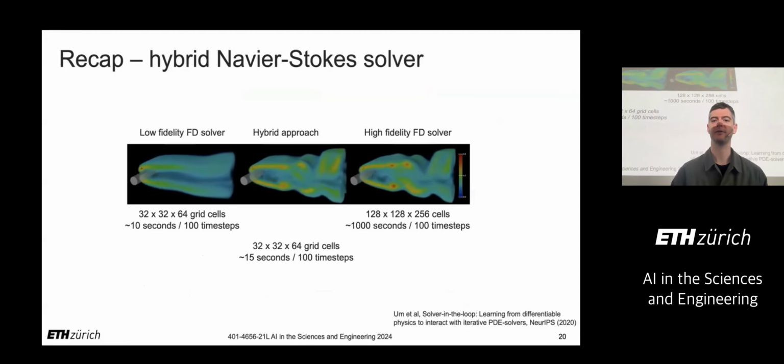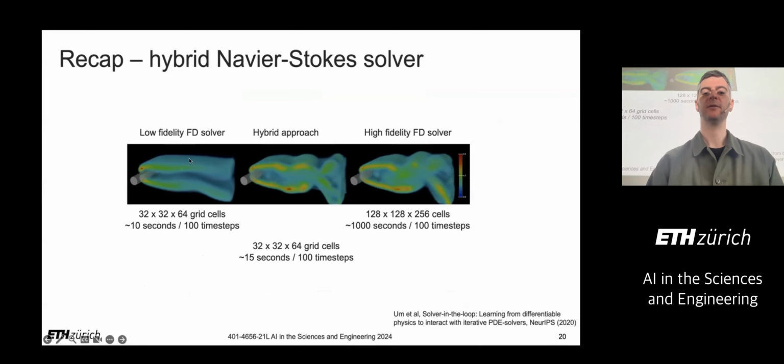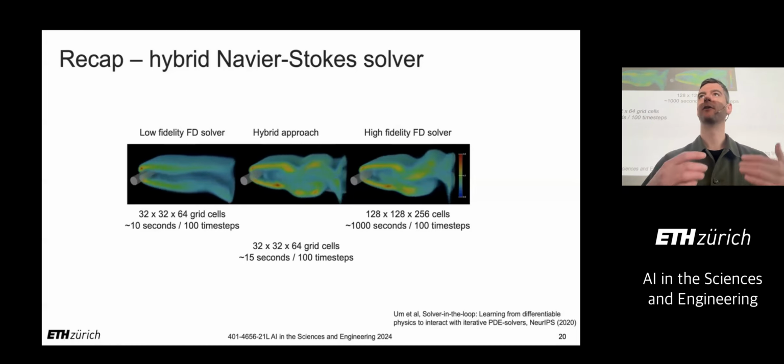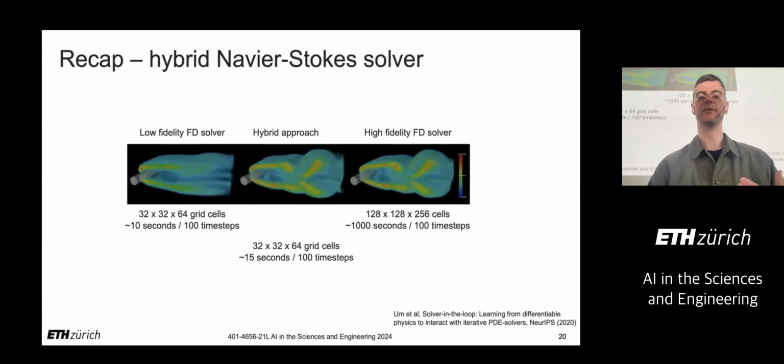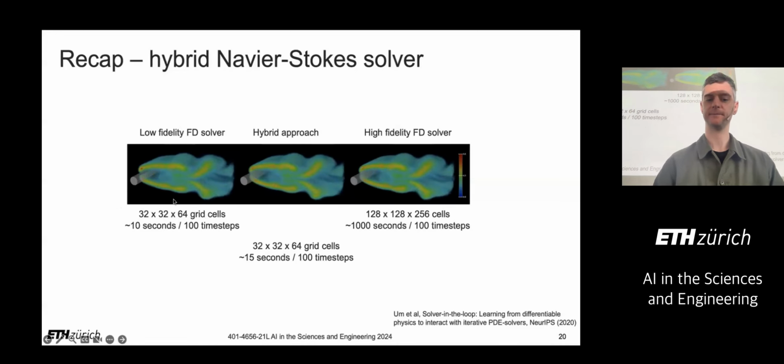I also showed you this hybrid Navier-Stokes solver. We looked at simulating fluids, and we realized that traditional numerical algorithms have a problem with discretization error, or said differently, the accuracy of these simulations strongly depends on the number of mesh cells that you use. With a small number of mesh cells, we get a really inaccurate simulation.